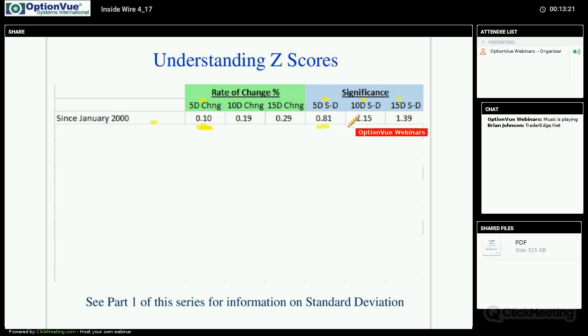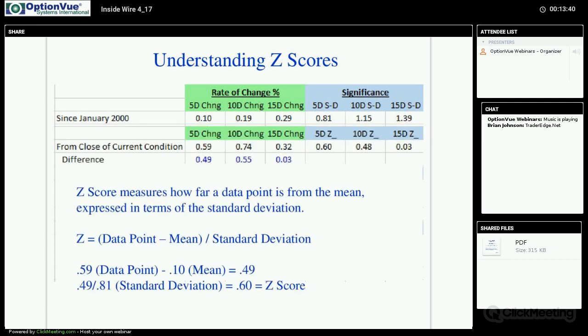You can see here it went up to 1.15, 1.39. This is in terms of percentages: 0.81 of 1%, 1.15%, 1.39%. So that's the first step.